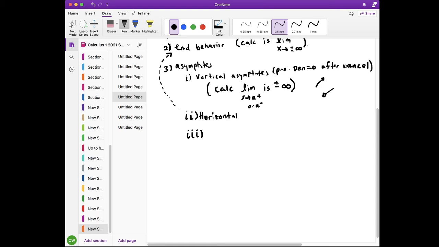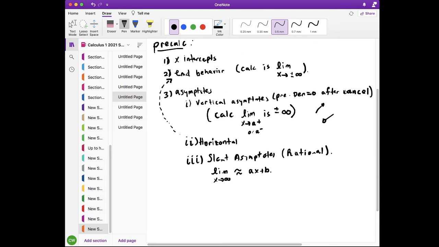Yeah, some people call them slant asymptotes, and it's exactly how you talk about it. If the limit as x goes to infinity looks like a line, ax plus b. This is usually used in rational functions. We might see other types of functions that have slant asymptotes.